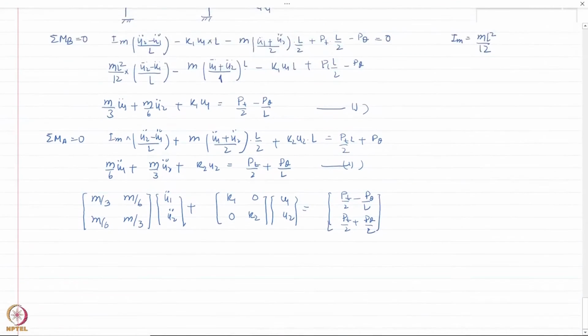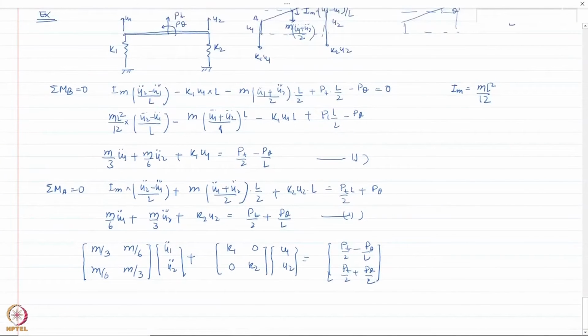There's some important point to note here. If you look at it, this is a distributed mass bar. So the mass is distributed throughout the length, and the degrees of freedom are actually defined at the ends of this bar, just above K1 and K2. So we get the stiffness matrix as a diagonal matrix.